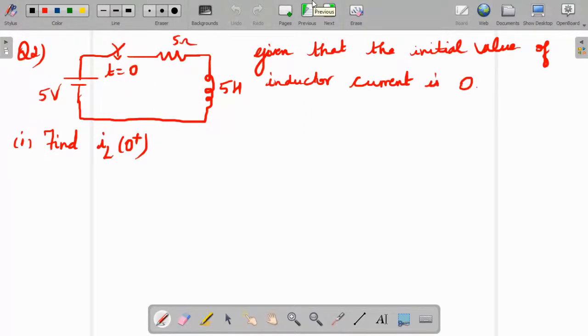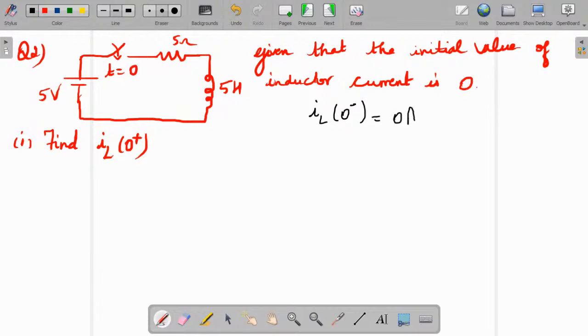Next question. It is given that the initial value of current is 0, find IL of 0 plus. Okay, so for the initial value, before the switch is closed there is no current, right? So IL of 0 minus is given as 0 ampere.